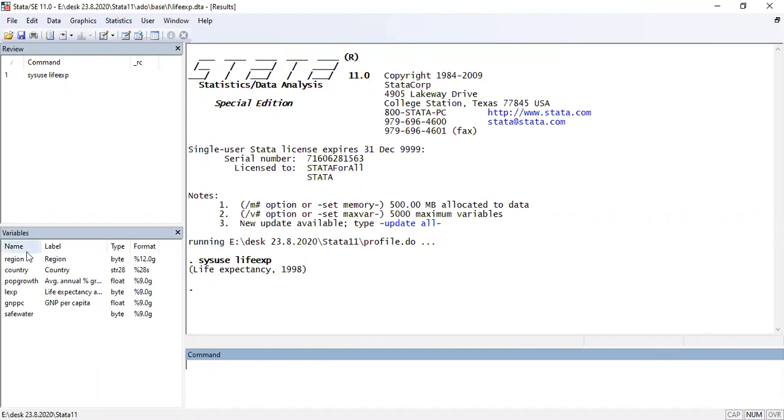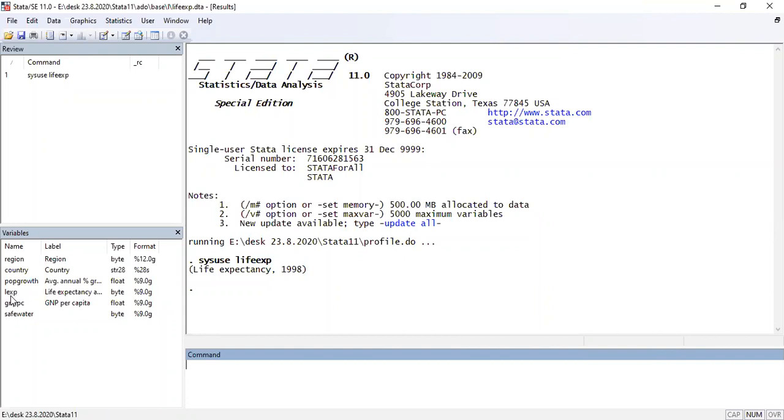Region, name, label, type, format. One variable is region, label is region. Another variable is country, label is country. Third one, popgrowth. Popgrowth means population growth, the average annual percentage growth of population.